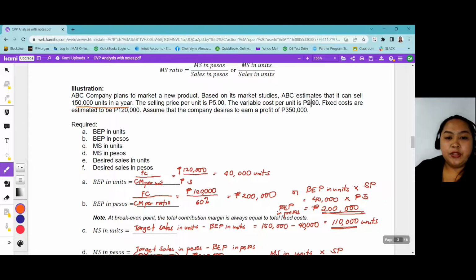The selling price per unit is 5 pesos and the variable cost per unit is 2 pesos. Fixed costs are estimated to be at 120,000 pesos. Assume that the company desires to earn a profit of 350 pesos. Ito daw po yung mga required nating sagutan.